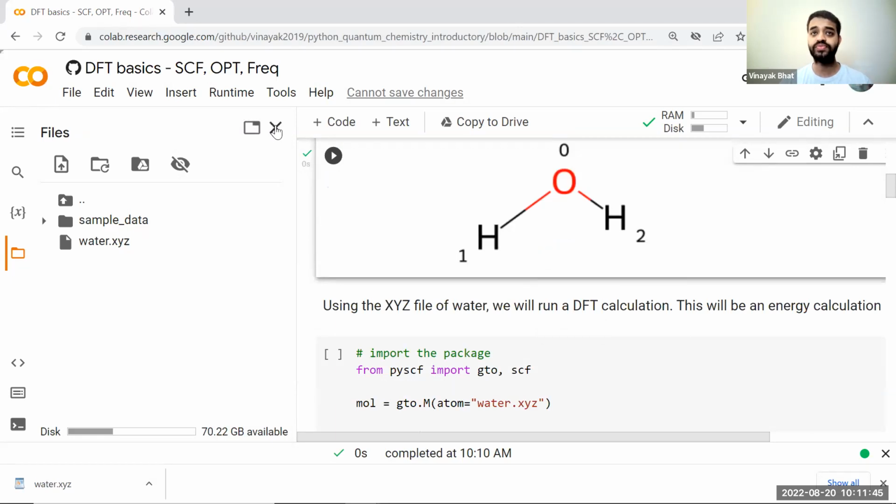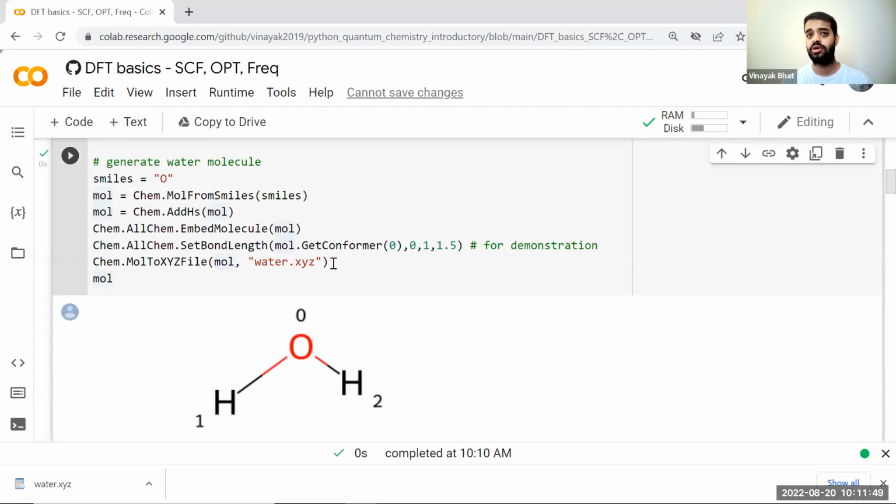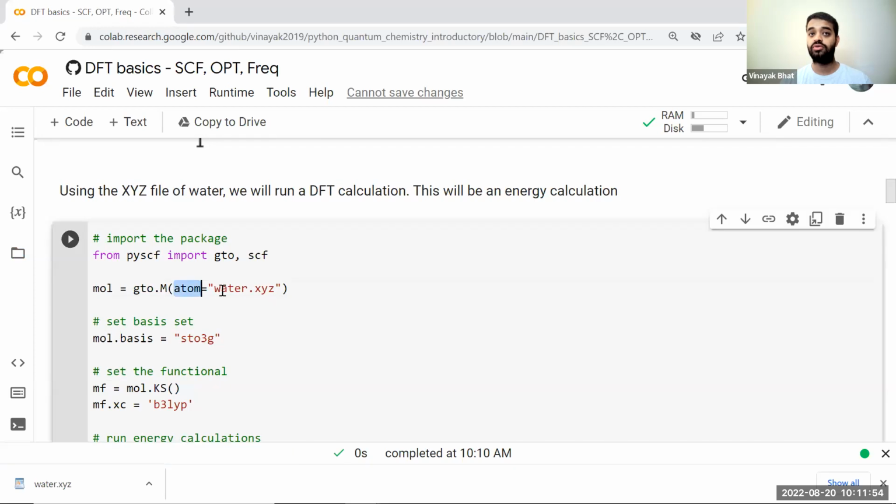Okay. So once we generate the water molecule, we'll run a DFT calculation. What we need to do is create an object for SCF. The way we load the molecule is this line of code.